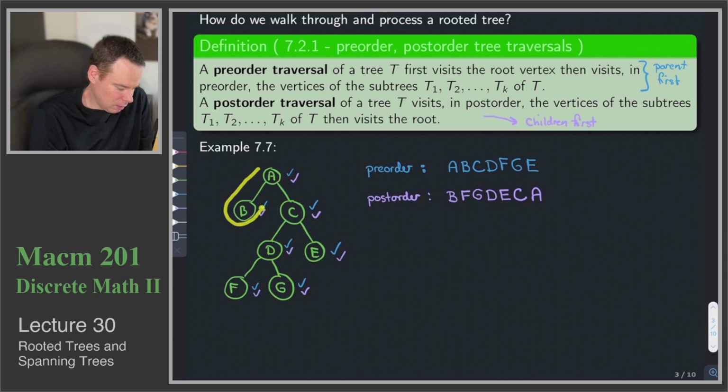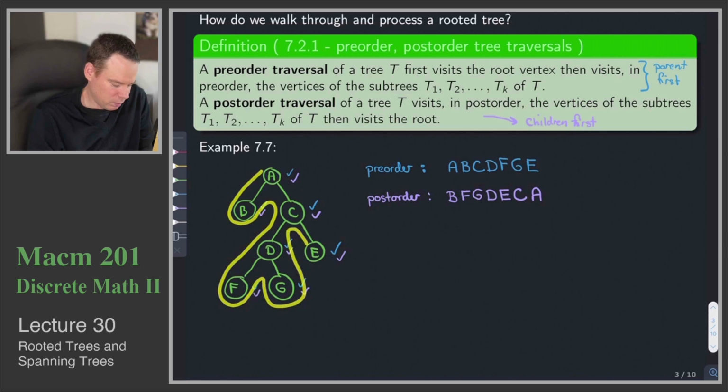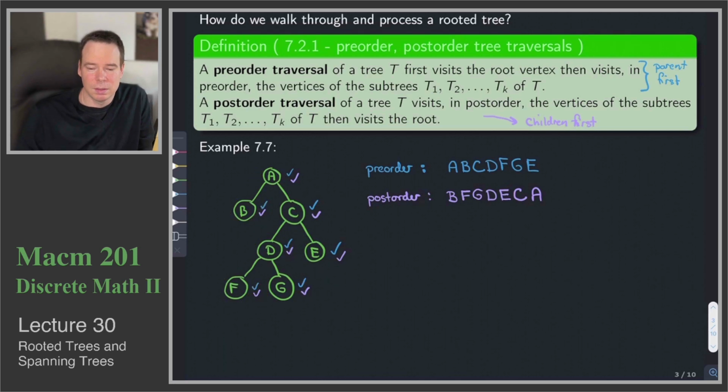Then I visit B, then I visit C, then D, then F, then G, then E. And if I do a little trace like that, just tracing around the outside of the tree, then what I get is a pre-order traversal as I encounter the vertices.